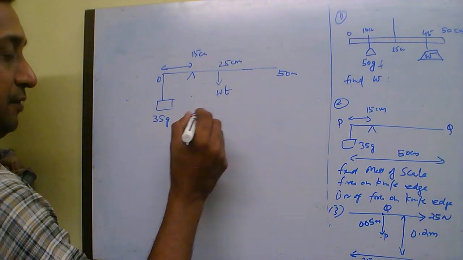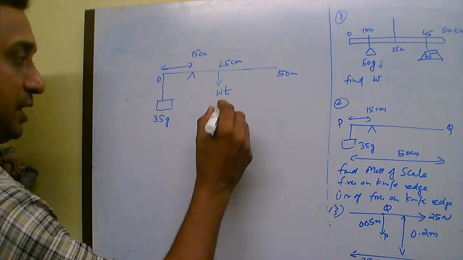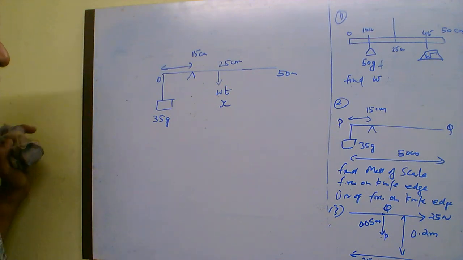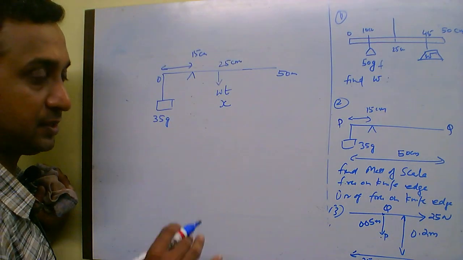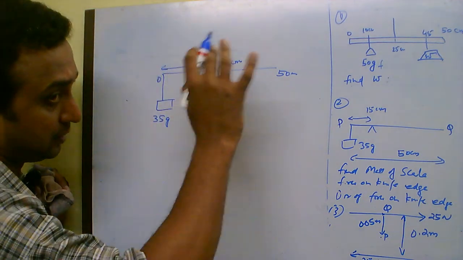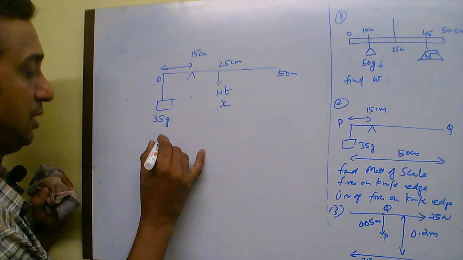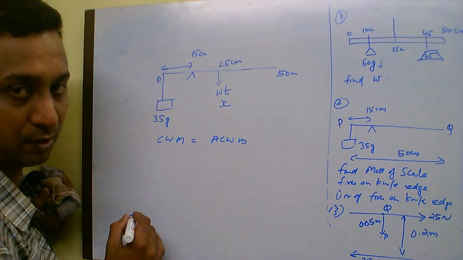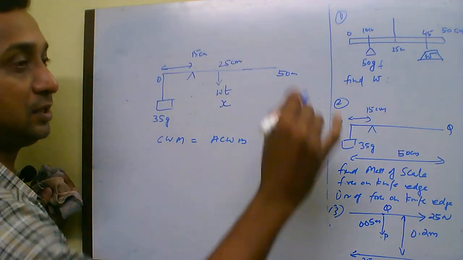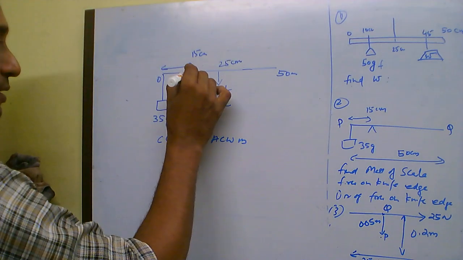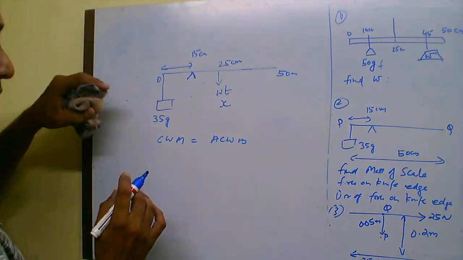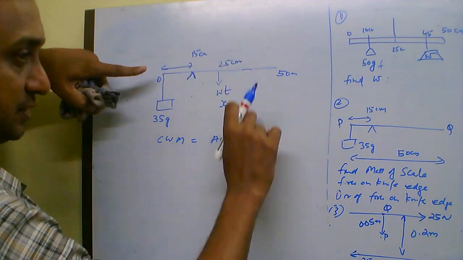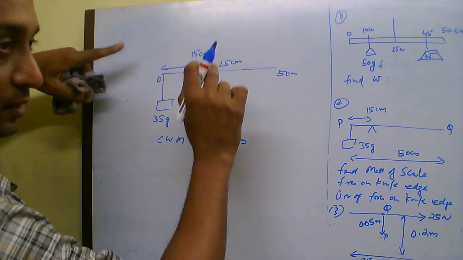Now since they have asked to find the mass of the scale, let x be the mass of the scale. Now it is in equilibrium, meaning it is neither turning right nor turning left, so you can assume the clockwise moment is balanced by the anti-clockwise moment as per the principle of moments. Now who is making it turn clockwise? See, here is the knife edge, and if this 35 gram is not there, then the weight of the scale, or the mass of the scale, will make it turn clockwise.